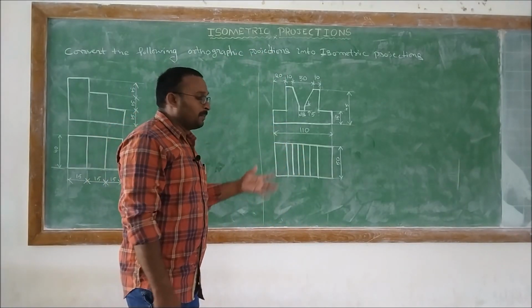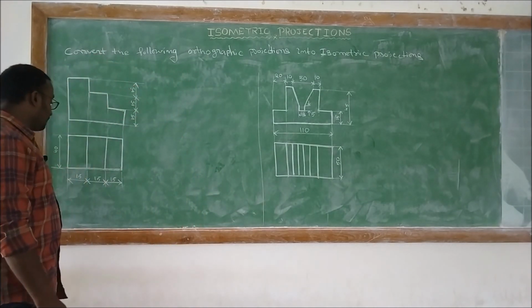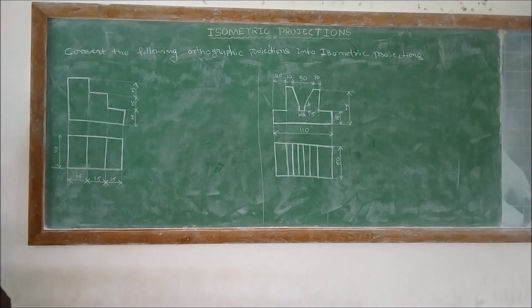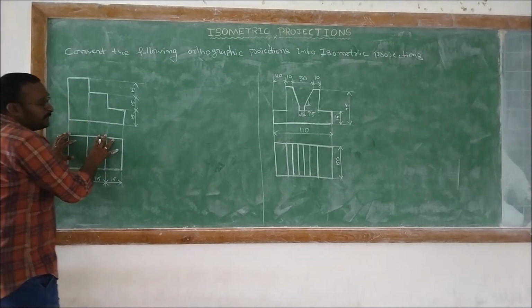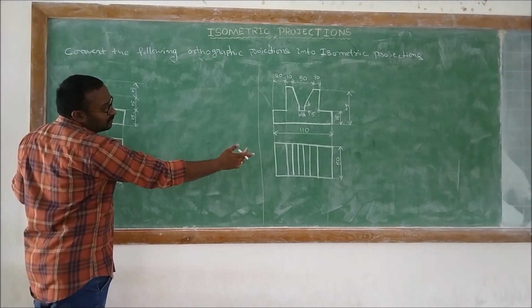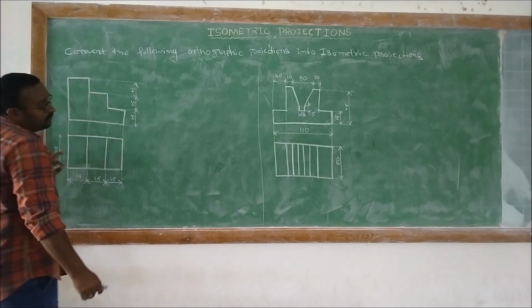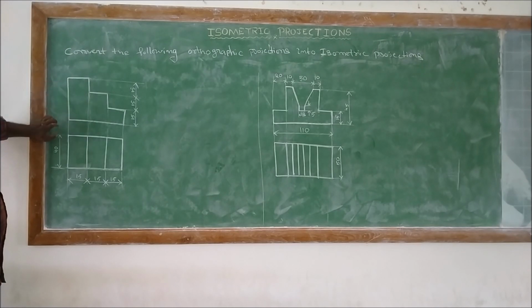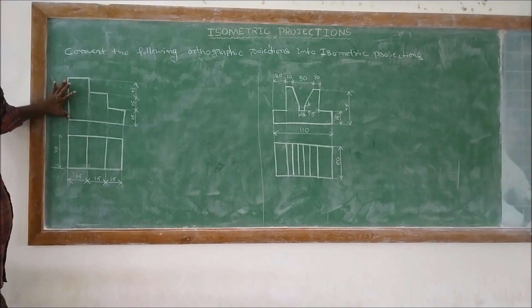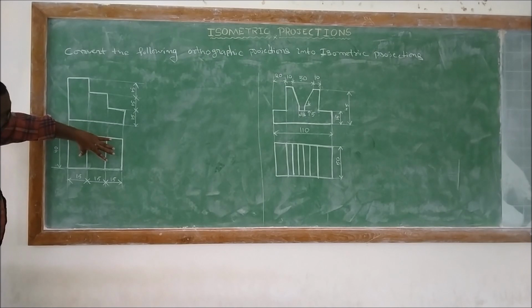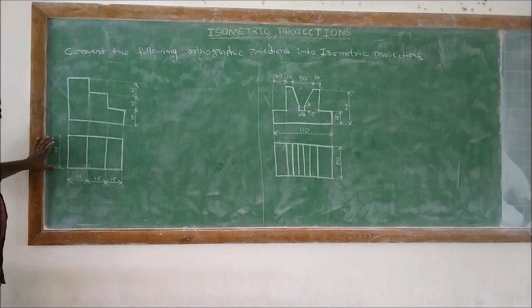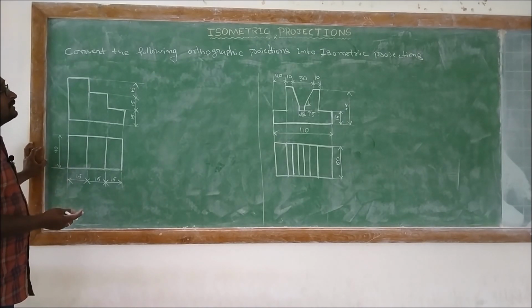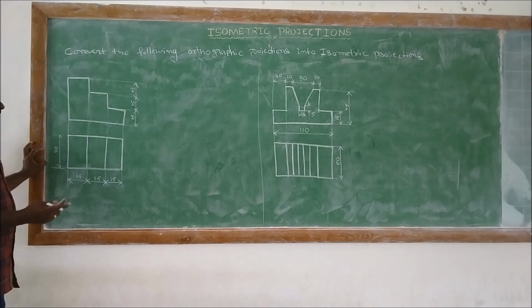Here are 2 more problems on isometric projections. We need to convert this orthographic projection into an isometric view. Here in this case, we can observe that the total height is about 45, the width is about 45, and the length is equal to 40 mm. Based upon these given dimensions, we need to convert that orthographic projection into an isometric view.